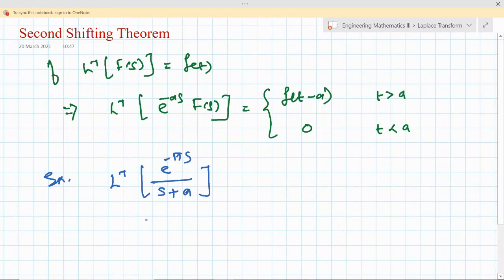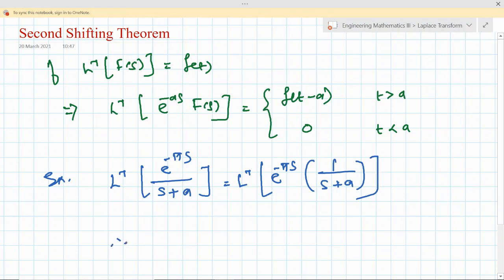Okay, so what is the inverse Laplace of this? It is inverse Laplace of e raised to minus pi s into 1 upon s plus a. So what is my F of s here? F of s is nothing but 1 upon s plus a.